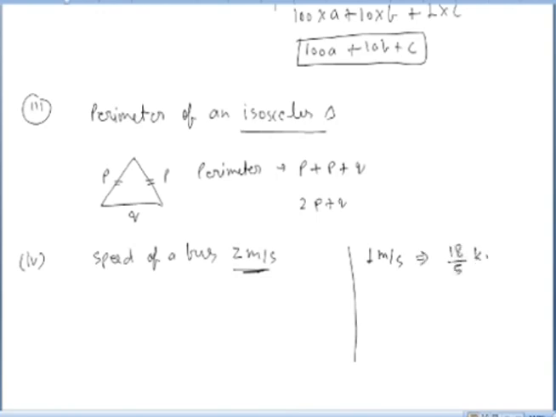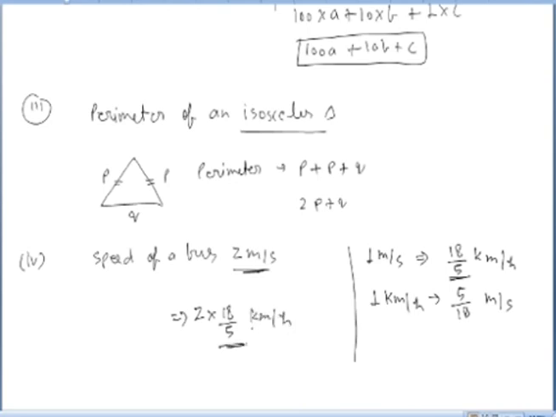Then it will become kilometer per hour. And when we have to convert from kilometer per hour to meter per second, then multiply by 5 by 18, and it will become meter per second. Okay, so we have to multiply with this. So it will become Z into 18 by 5 kilometer per hour.